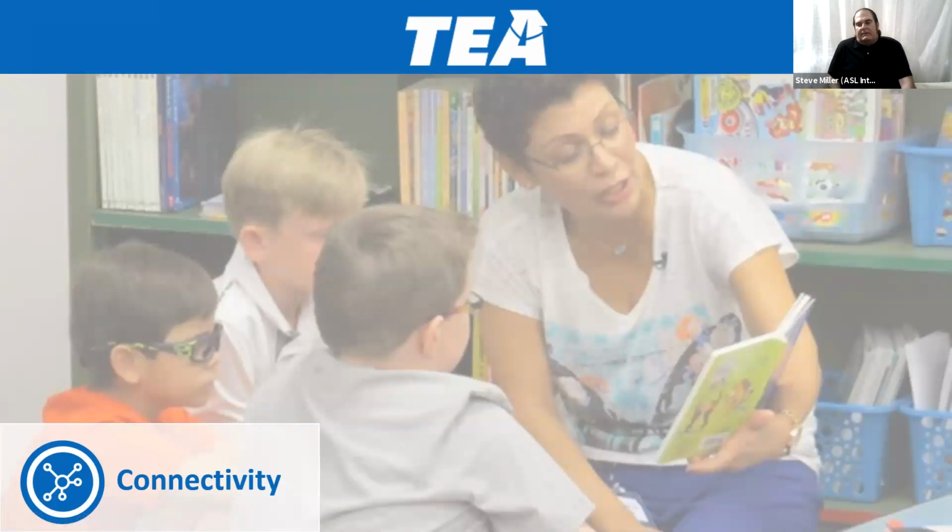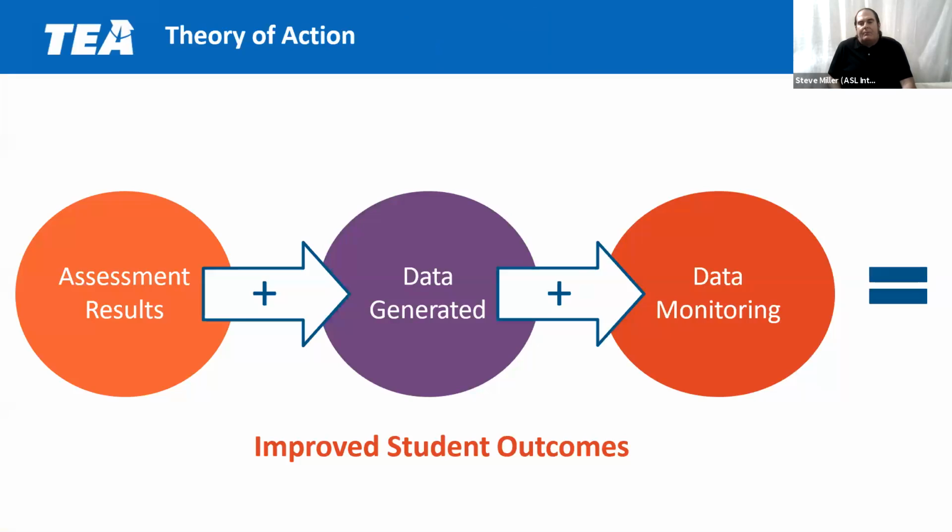So, connectivity. Next slide. The theory of action: I believe that the process of getting assessment results and the data created from those results, plus annual monitoring of that data, results in an improvement in student outcomes, because at that time they can determine if intervention is necessary.